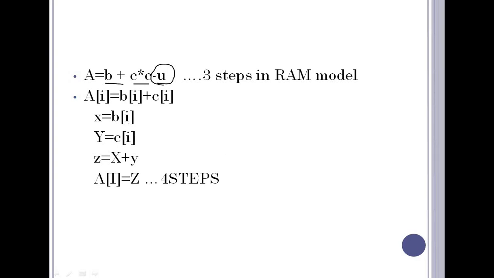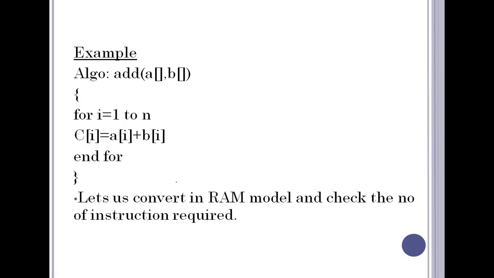Same over here for this example, we can see for this assignment we require 1, 2 and here this, and the last one is the assignment, we require the fourth step. So here we are going to add the 2 1. Now we have to find out the total number of steps.